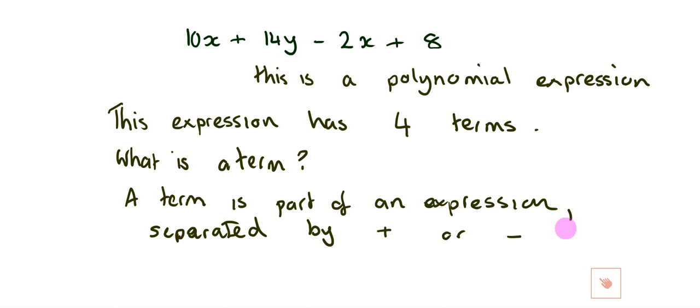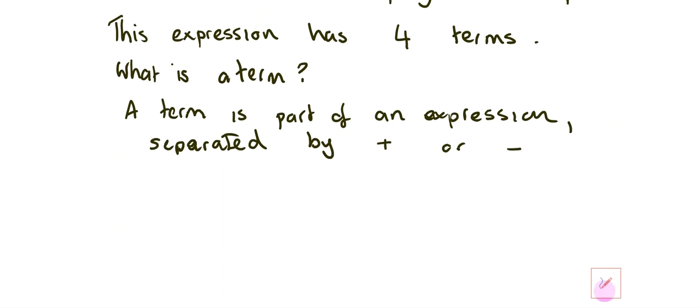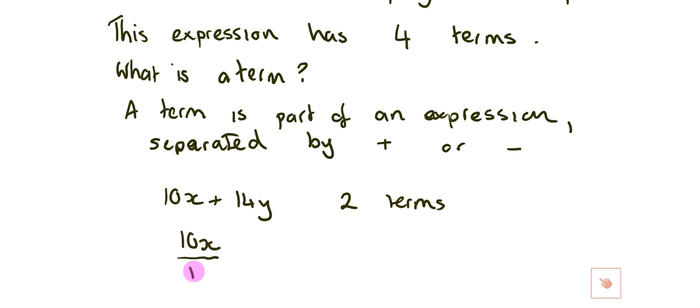reason why I didn't go with that is because that would only have been one term, because division and multiplication don't separate terms. All right? So let me just make that clear. So 10x plus 14y, 2 terms. 10x divided by 14y, 1 term.